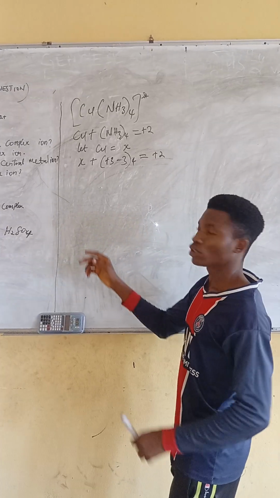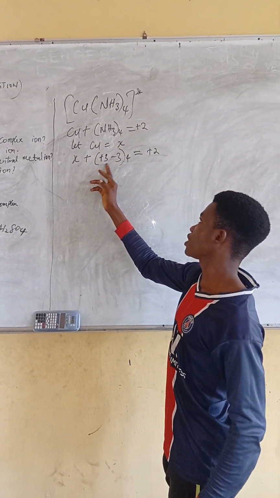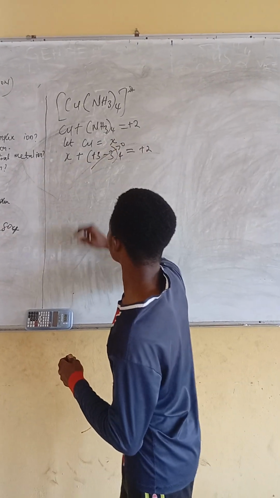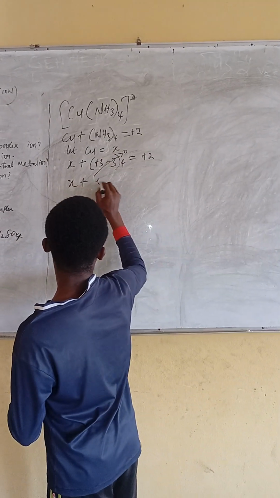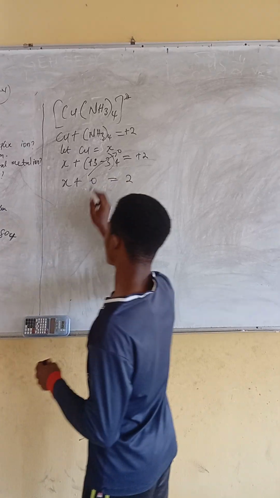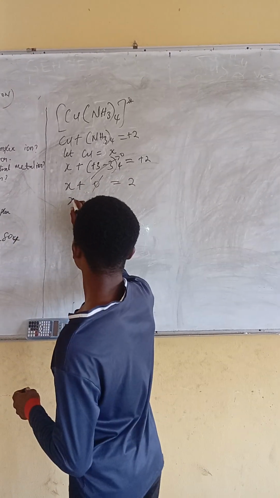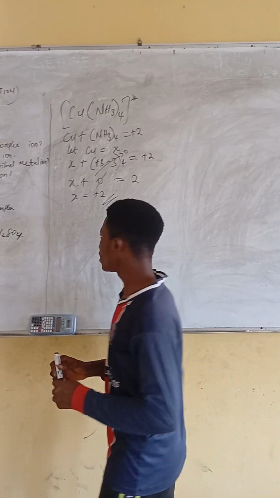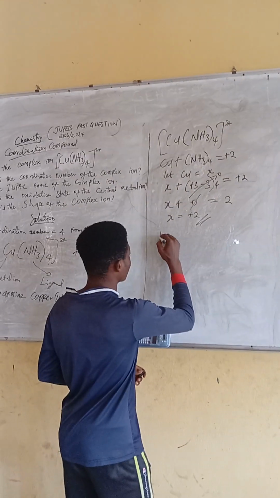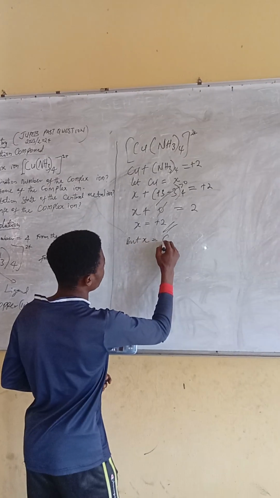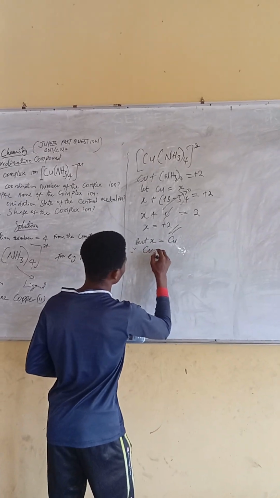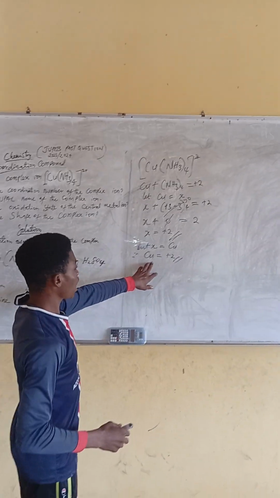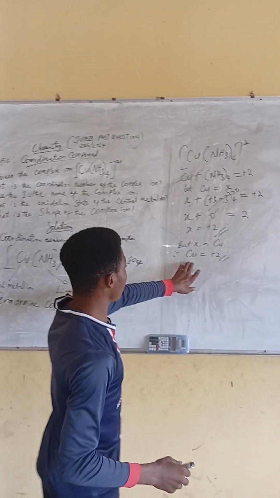So now if you look at this, +3 minus 3 is 0. So 0 times 4 is 0. I can say that x plus 0 equals 2. So this guy cancels out. I can say that x equals +2. Final answer. But x equals copper. Then copper equals +2. Final answer. So now, the oxidation number of this guy is +2.